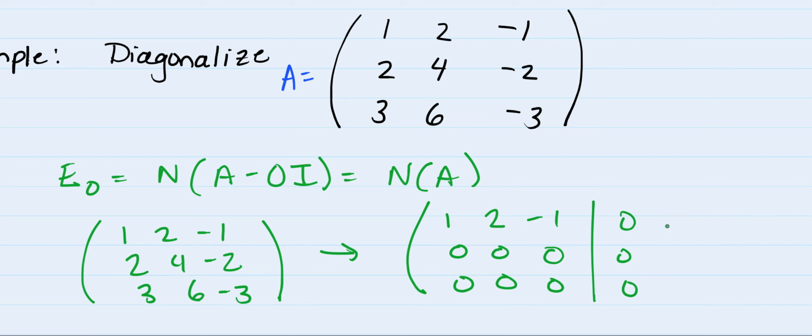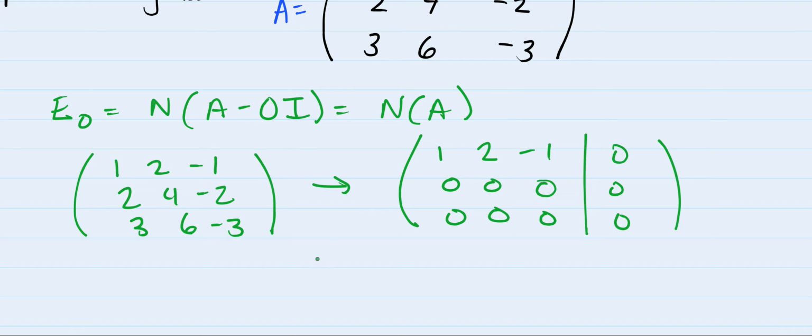Make an augmented matrix, and let's find the null space. This is just x1. Remember, this is x1, x2, x3. This is equal to 0. These are the coefficients in front of these variables. So x1 is equal to -2 x2 plus x3.